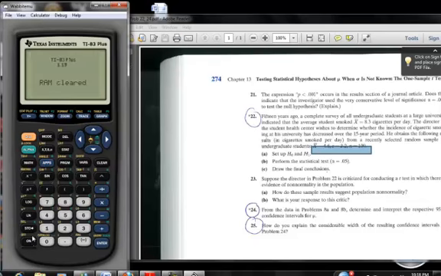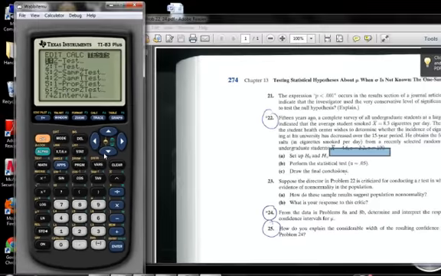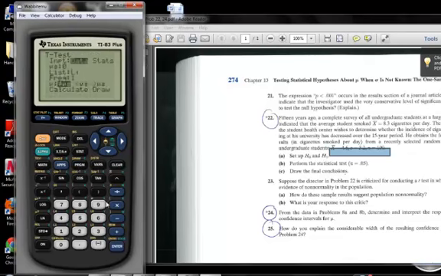I'll turn the calculator on, and I'm going to come here to statistics. See up here where it says tests? This calculator will run every test that we're going to do in our class, and any test you might possibly need for small data sets for any research you do. The second option right here is t-test, and that's where we're going to go. Now the calculator is wondering, do you have data? Do you have a list of 100 numbers? Or do you have statistics, meaning sample mean and standard deviation? We have statistics, so we'll highlight that.